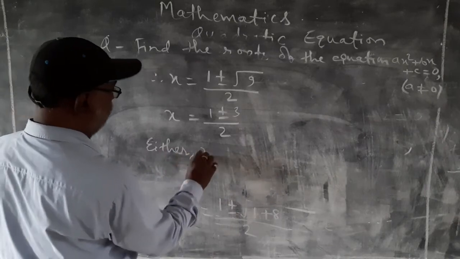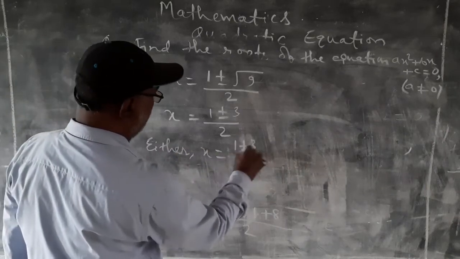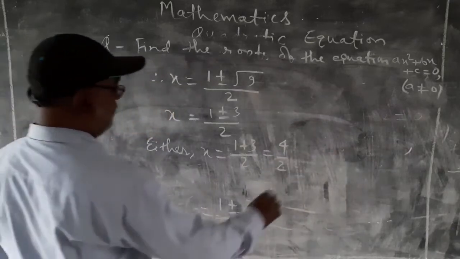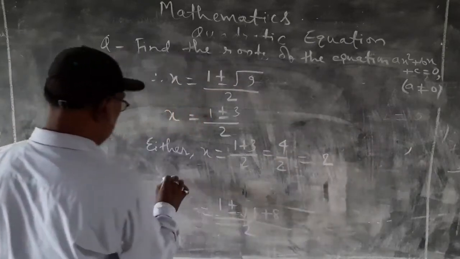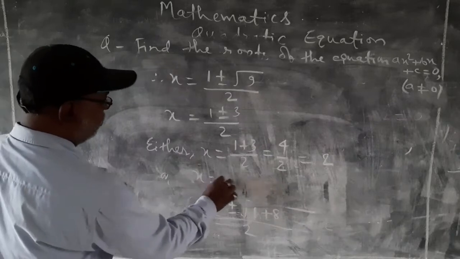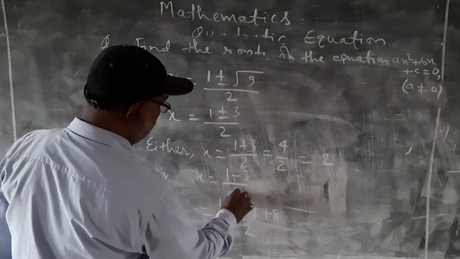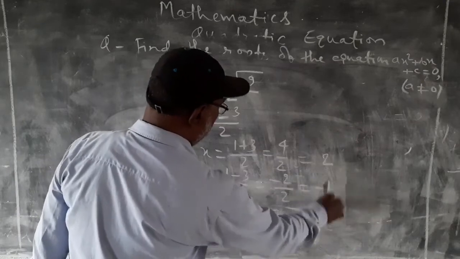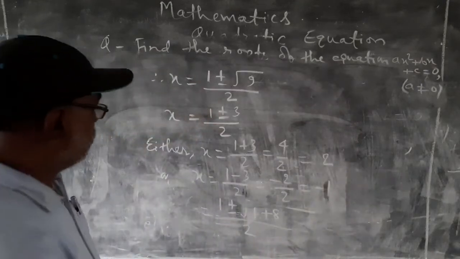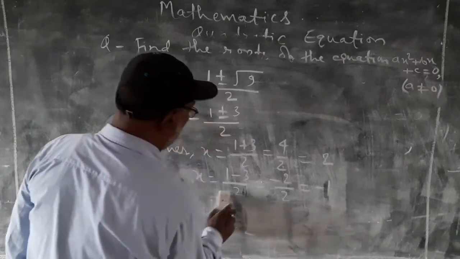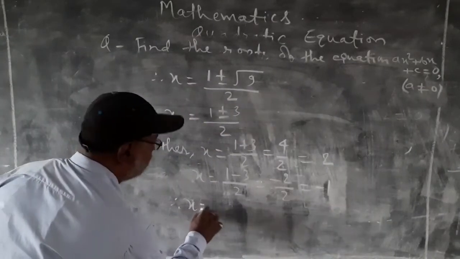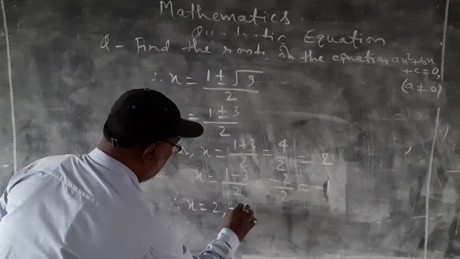Either x equal to 1 plus 3 by 2, that is 4 by 2, which is equal to 2, or x equal to 1 minus 3 by 2, that is minus 2 by 2, which is minus 1. As there are two roots, one is 2 and the other is minus 1.